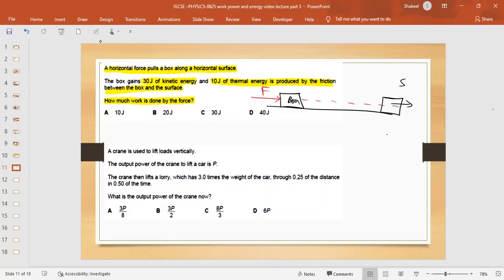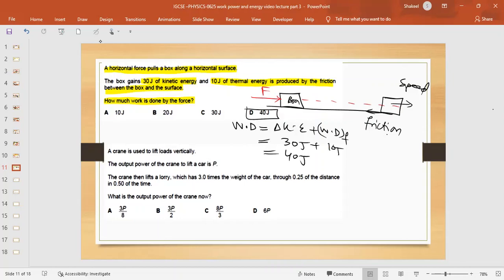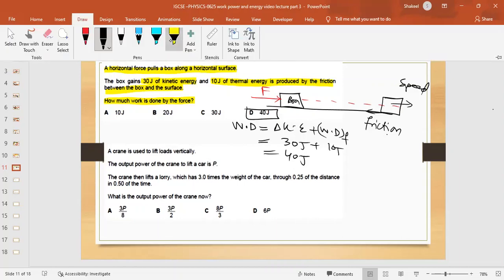One, it is gaining some speed, and second, there is friction, so some work is being done against that as well. So work done by the force is equivalent to the change in kinetic energy plus the work done against friction, which is dissipated as heat energy. The kinetic energy gained is 30 joule and the work done against friction is 10 joule. It means the total work done by the force is 40 joule, which is option B.